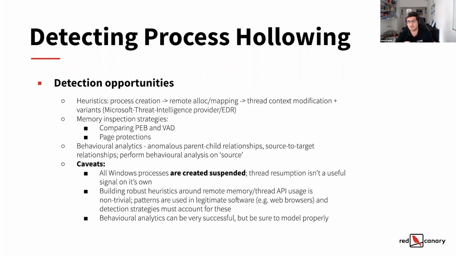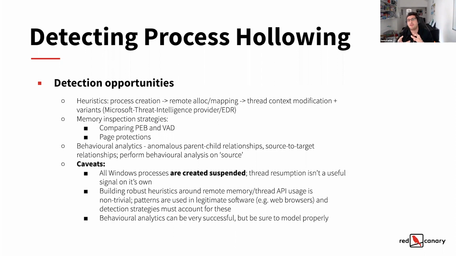Some caveats to these things I've just mentioned. At scale, when building out heuristics for this remote thread management API usage, it's difficult to get a robust detection that works at scale. What we've noticed is that across many organizations, you have all sorts of weird and wonderful applications that are doing all sorts of injections in a legitimate fashion.